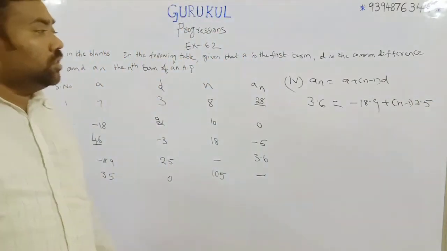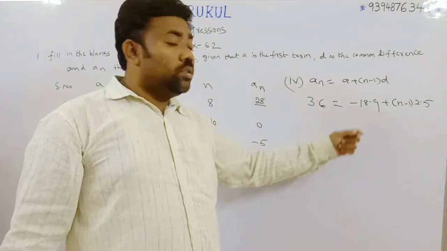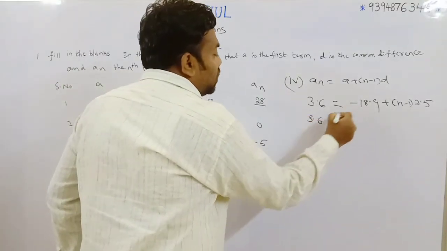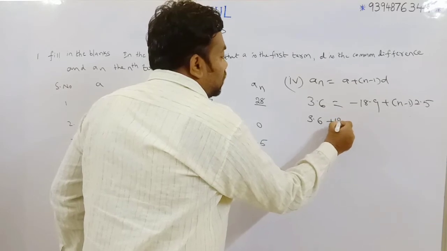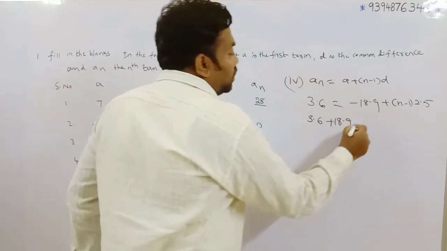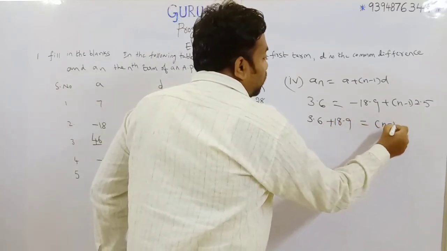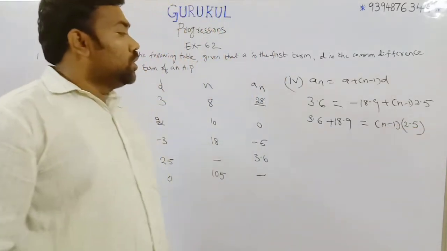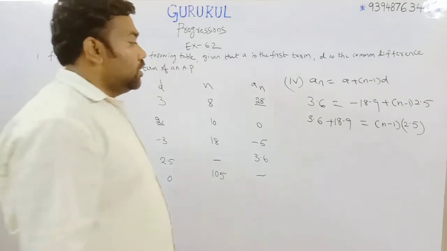Minus value comes to the left, so negative to positive. 3.6 plus 18.9 equal to n minus 1 into 2.5.